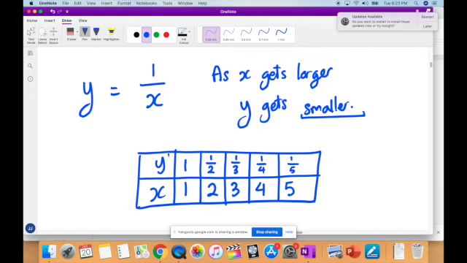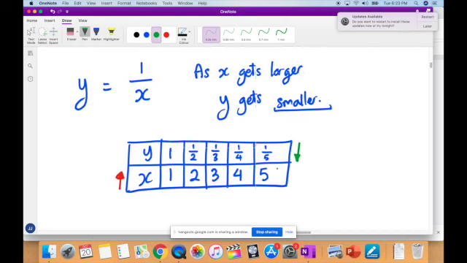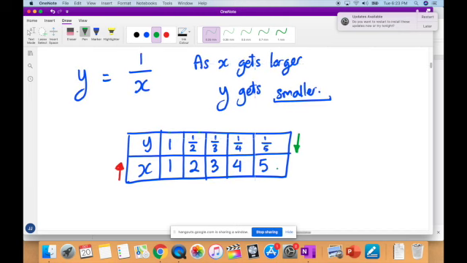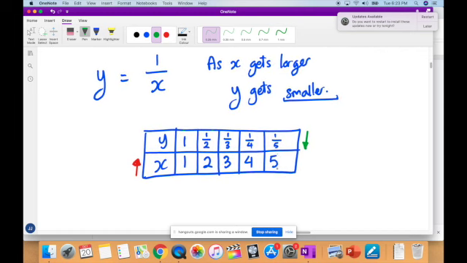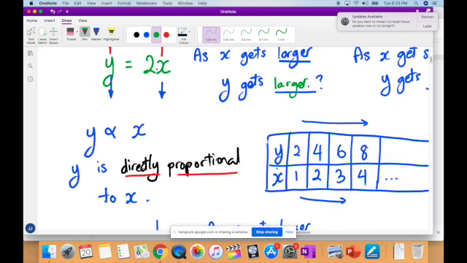So you could see here that as x is getting larger, going 1, 2, 3, 4, 5, the value of y is actually getting smaller. Y started off at 1, and then it went to a half, and a third, and a quarter, and a fifth. So as x gets larger, y gets smaller.